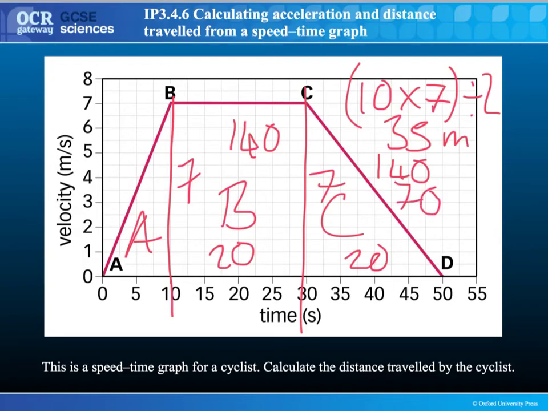And what we've basically done there is divided up into these 3 areas. It's 35, 140 and 70, giving me a total distance travelled of 245 meters in this graph.